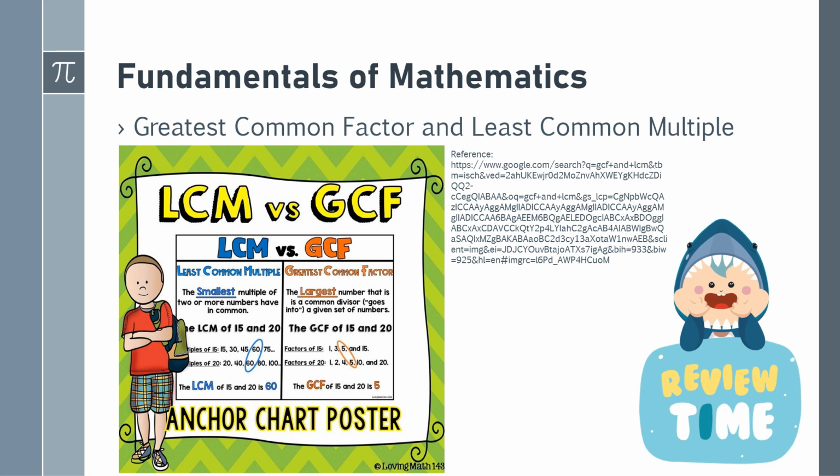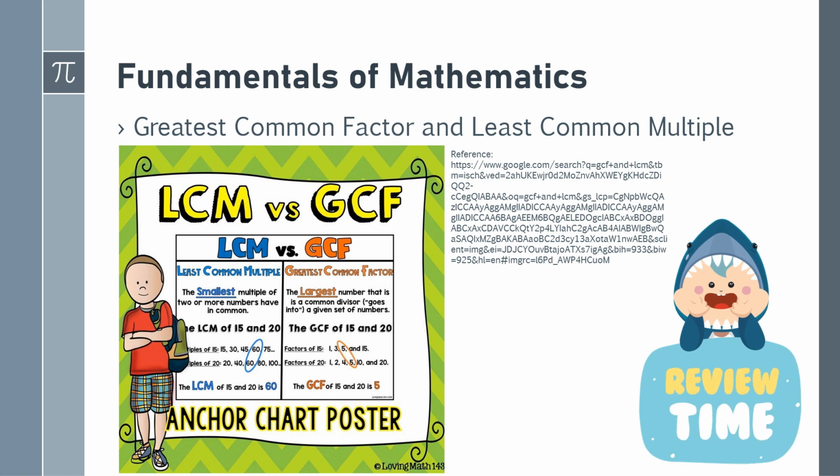If we have 15, we get multiples of 15: 30, 45, 60, 75, and so on. While the multiples of 20, we get 20, 40, 60, 80, and 100, and so on. Now, if you take a look at their multiples, the least common or the smallest is 60. Therefore, the LCM of 15 and 20 is 60.